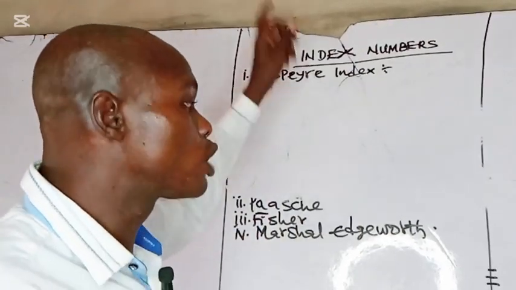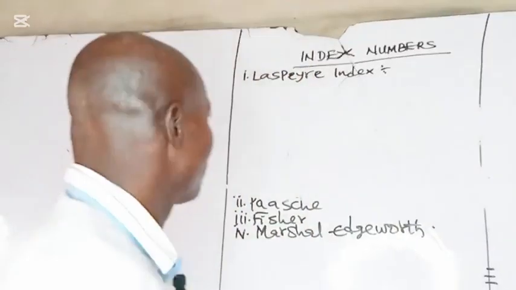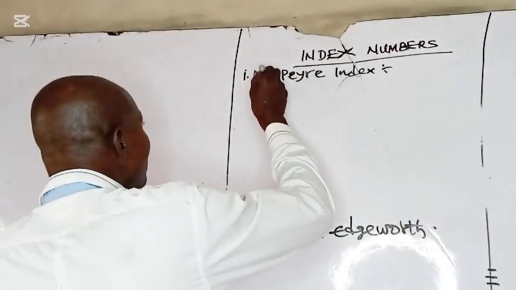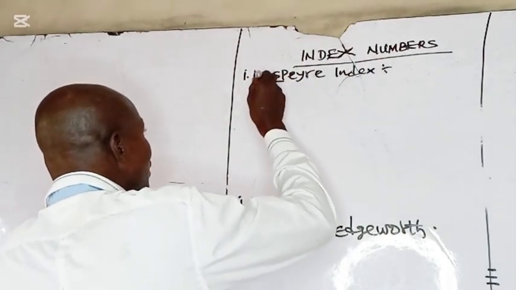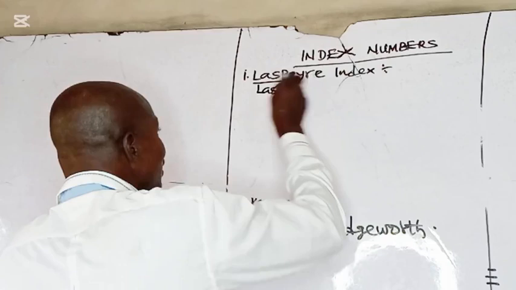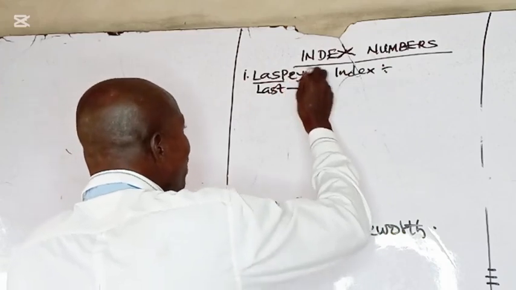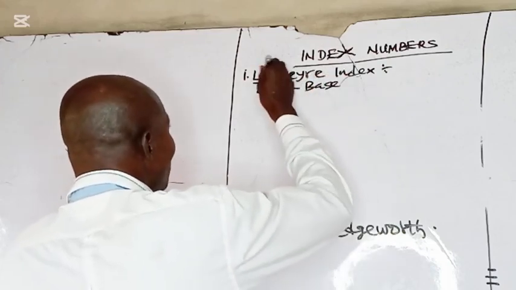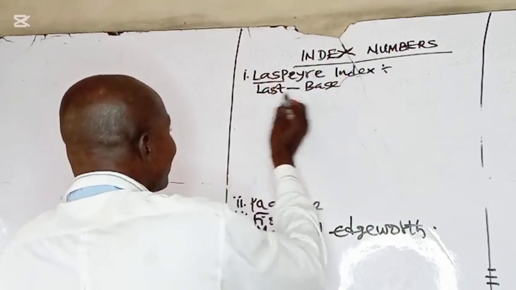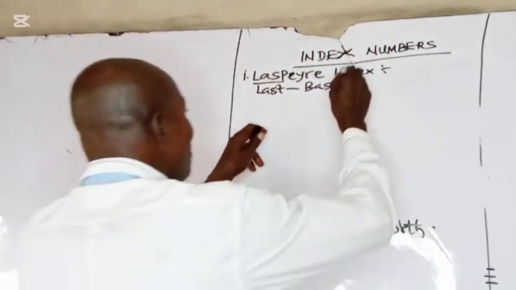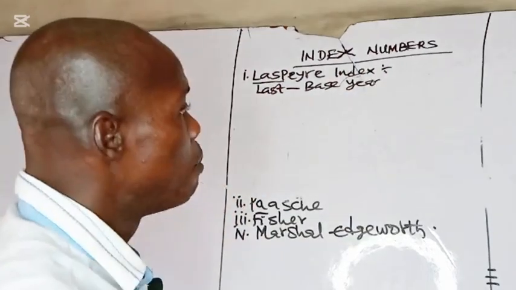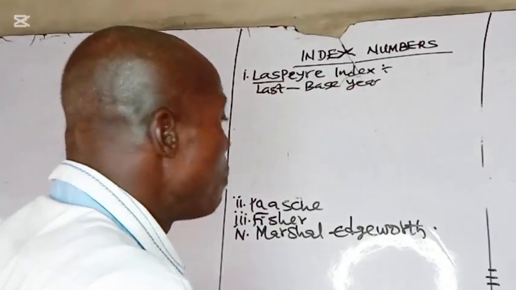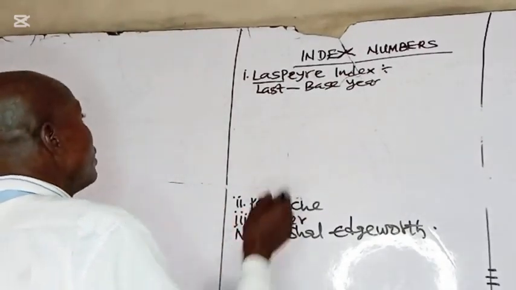It makes use of the base year quantity, from the word last. Last is the same as base. So this is derived from last year, base year. It means this method makes use of the base year quantity as the weight.